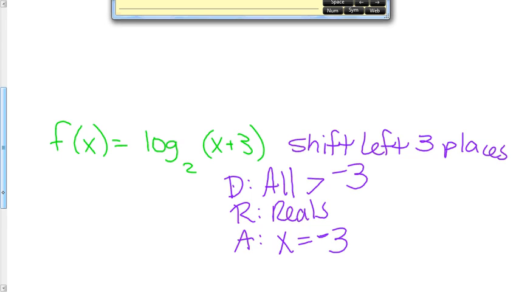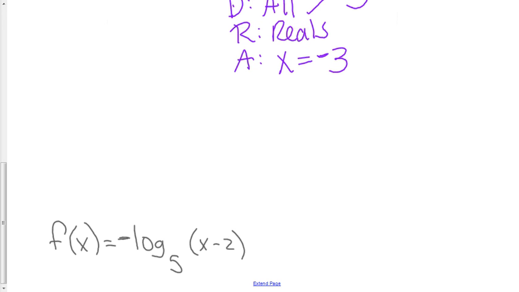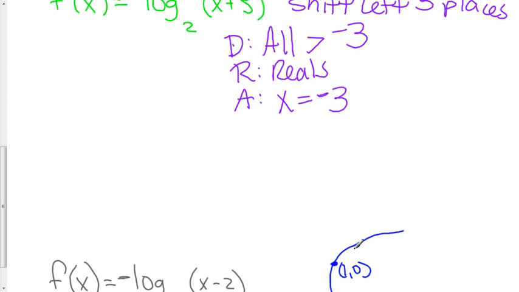And then similarly, if you have negative log base 5 of x minus 2, now since we are dealing with log of base 5, our values are going to change ever so slightly. It's still going to look like, well, if the negative wasn't there, it would still look like this. The difference being, well, 1, 0 would still be there. But when the base is 2, we went over 2 and up 1.